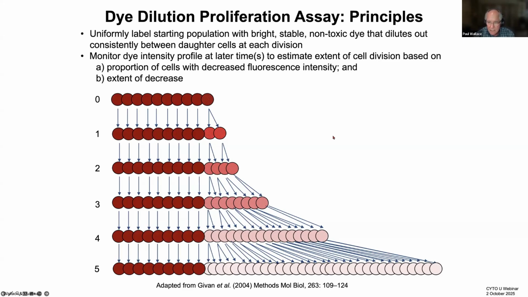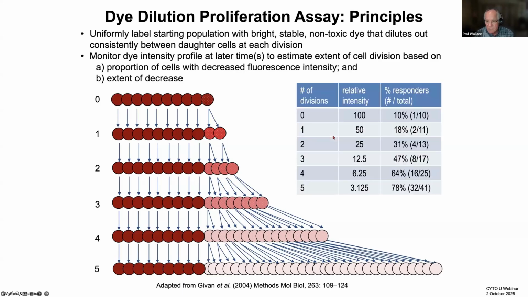Responder cells outgrow non-responder cells after 4 rounds of cell division. So by here, you can see that the responder cells are outnumbering the non-responding cells. And in the 5th generation, 1 in 32 are as bright as the cells that haven't undergone any division if intensity is divided in each division.